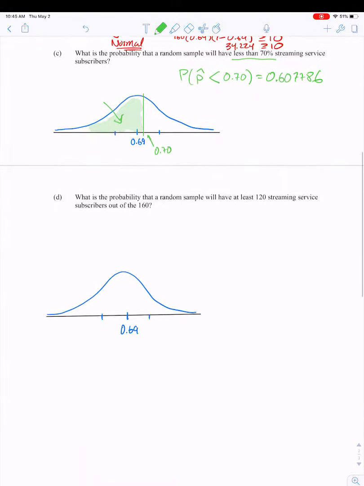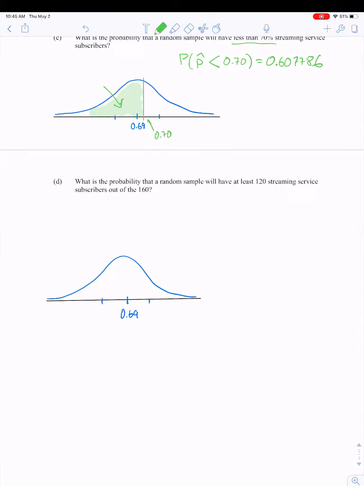For part D, we want to find the probability that a random sample will have at least 120 streaming service subscribers out of the 160. So the first step is I have to say, well, what is that p-hat? 120 out of 160 is equal to 0.75, or at least 75%.